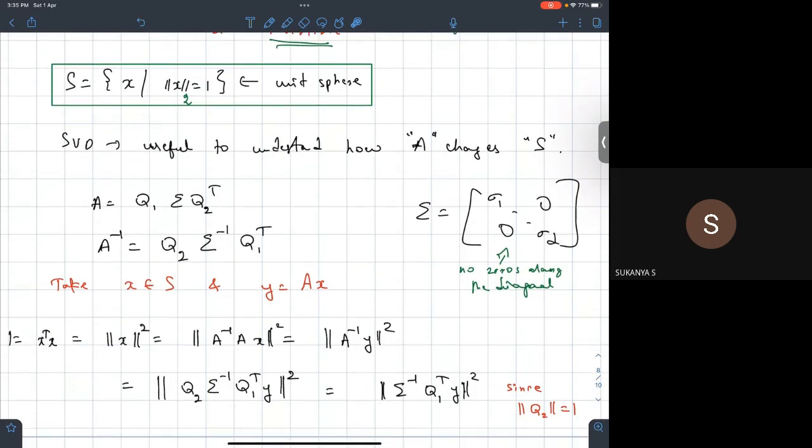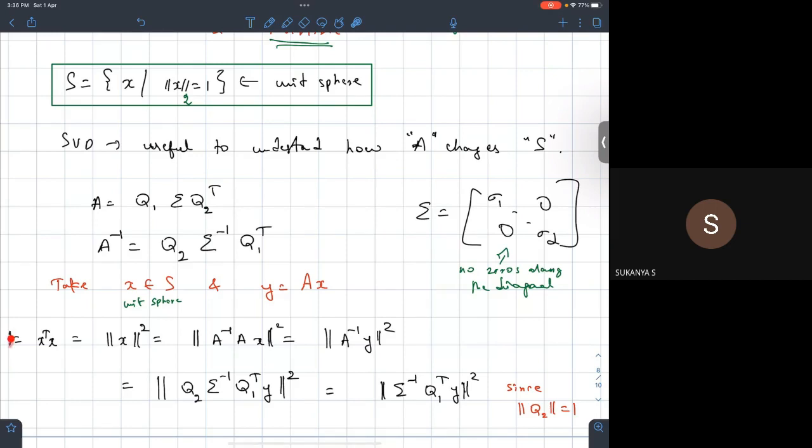So take an x from the unit sphere and let y equal whatever A does to that x. This is just a notation. I'm taking something from the unit sphere and applying this matrix A, which has SVD in this form. I'll do some algebra, but it will lead to an ellipsoid equation very soon.